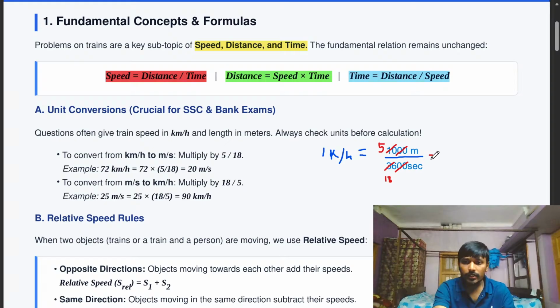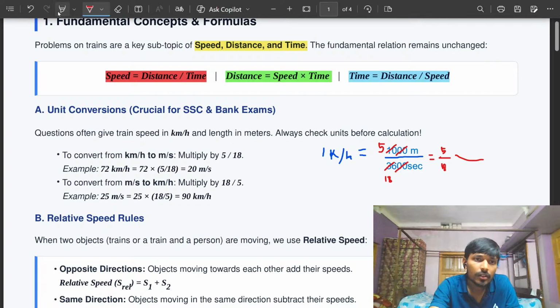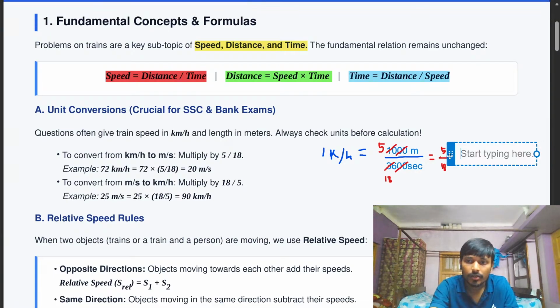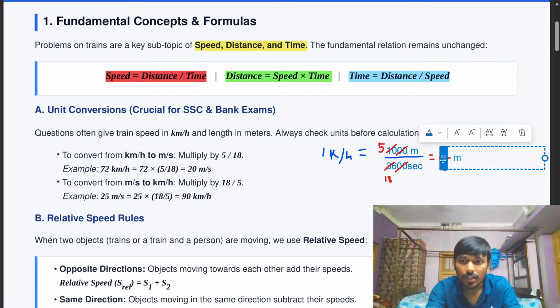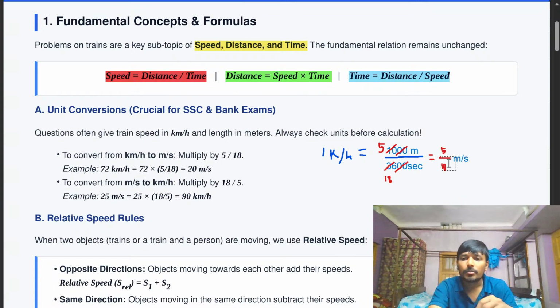So the final answer is 5 by 18 meter per second.